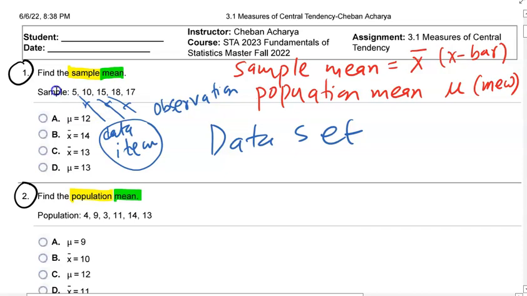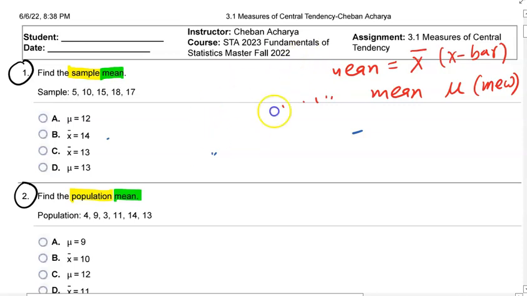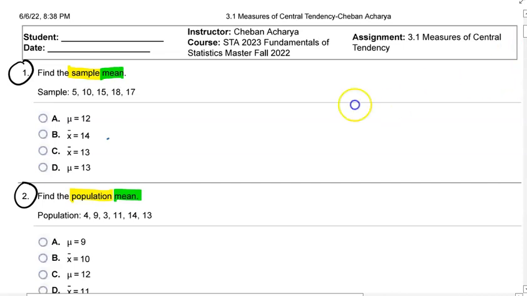Let's talk about how to find the sample mean of the first question. I think everybody knows that to find the mean you need to add all the data values or data points and divide by how many data there are.